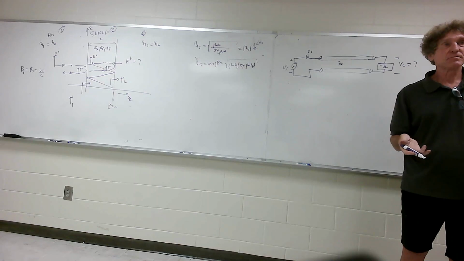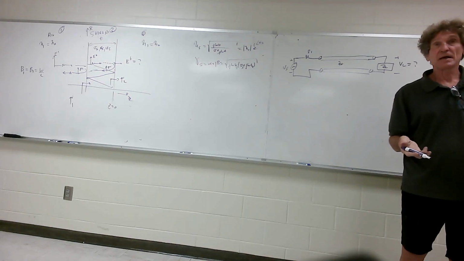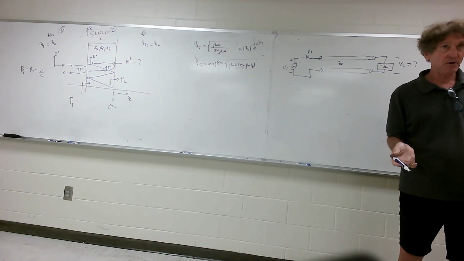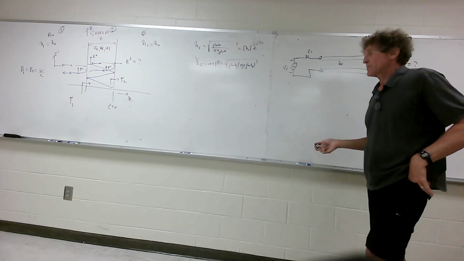Can you all appreciate the problem? Do you remember doing this? Again, this is not something where it's a transient, this is a steady state operation. Do you all follow me? Constant frequency. Remember how you did it?